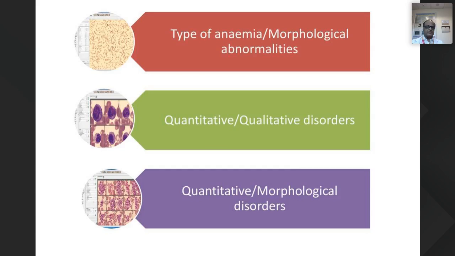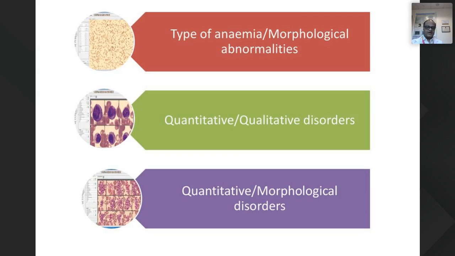Now, when you're doing the peripheral smear examination, we all know that it brings out the morphological abnormalities or the type of anemia, qualitative and quantitative disorders of the WBCs, as well as quantitative and morphological disorders of the platelets.